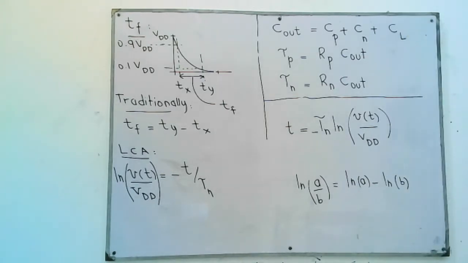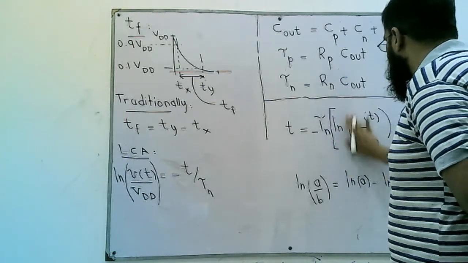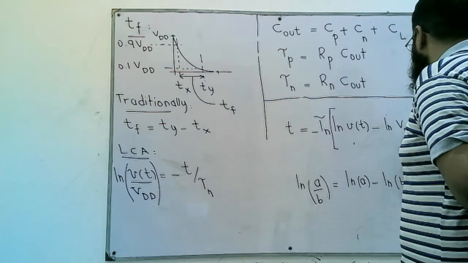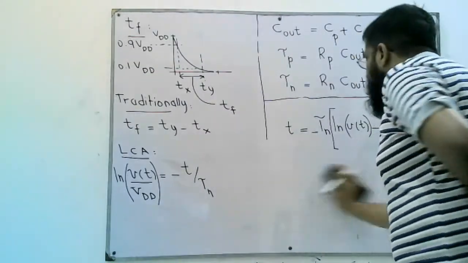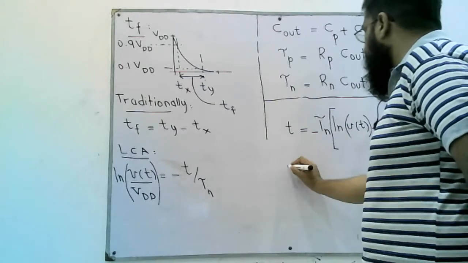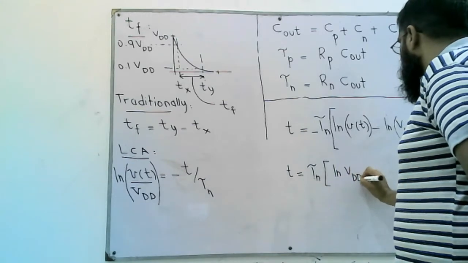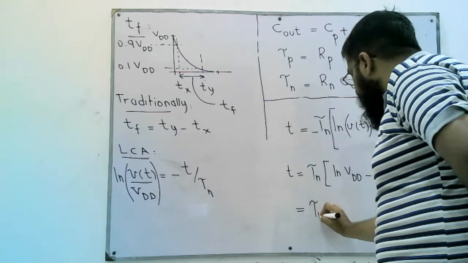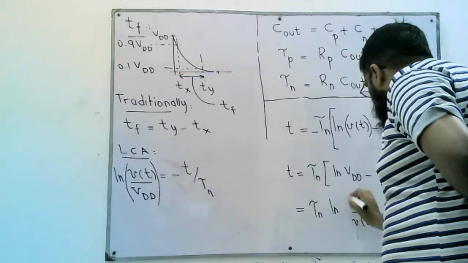So this can be written as log of v of t minus log of VDD. Therefore, if you multiply this minus inside, this becomes t is equal to tau n times log of VDD minus log of v of t, or it can be written as tau n log of VDD over v of t.